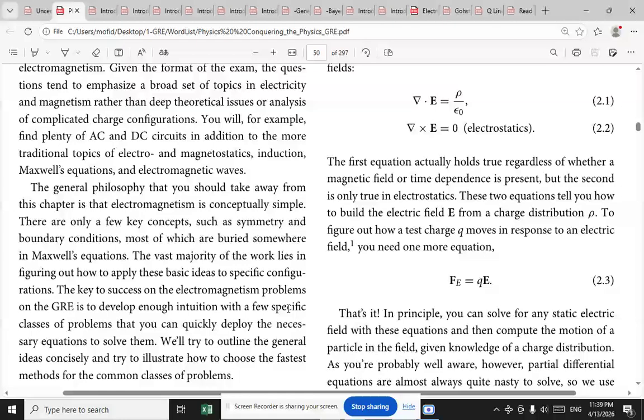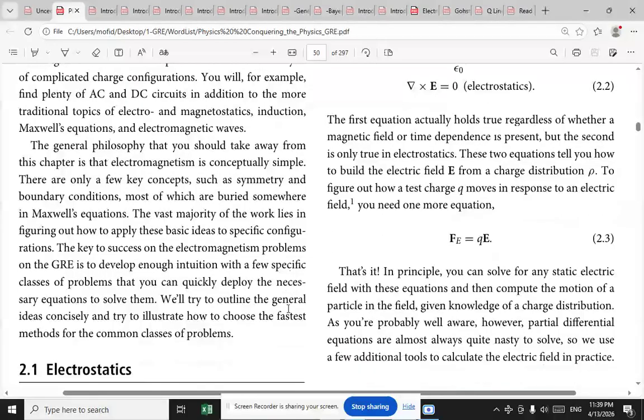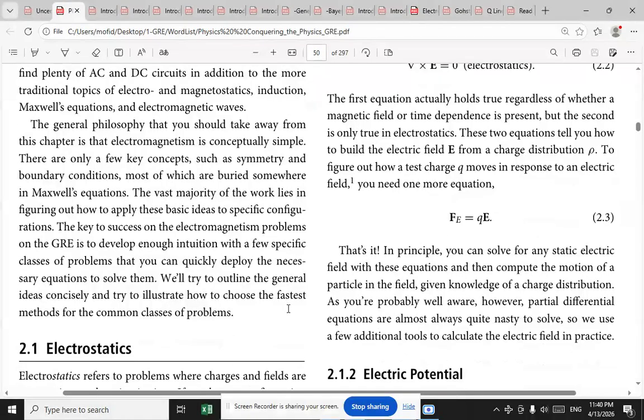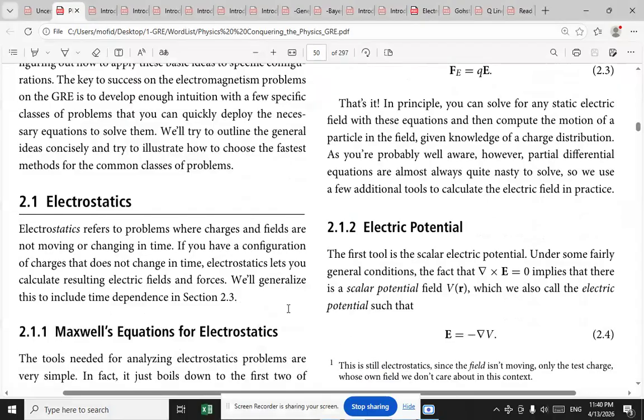In principle, you can solve for any static electric field with these equations and compute the motion of a particle in the field, given knowledge of a charge distribution. As you are probably well aware, however, partial differential equations are almost always quite nasty to solve, so we use a few additional tools to calculate the electric field in practice.